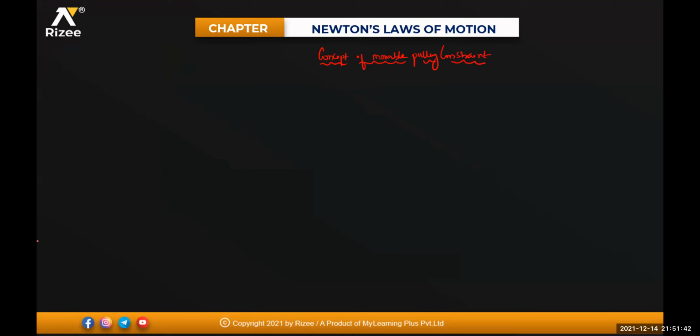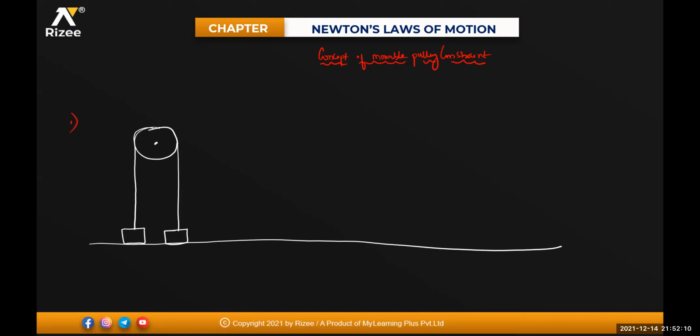See, beta, the basic thing: say for example, this is a pulley, and there is a block here, and also one more block here. Both of them are initially on the ground. So this is L length, this is also L length.